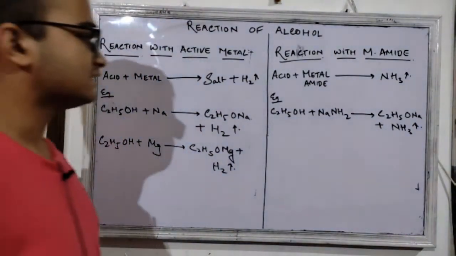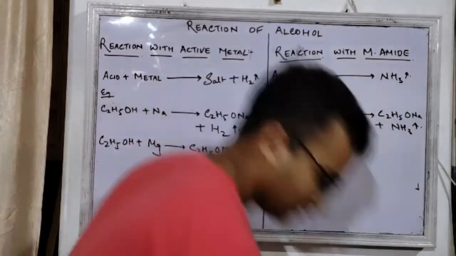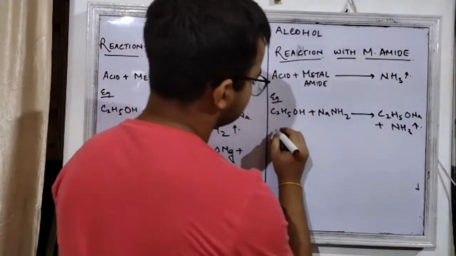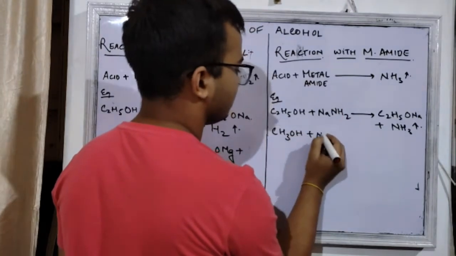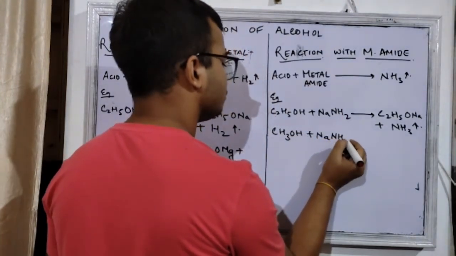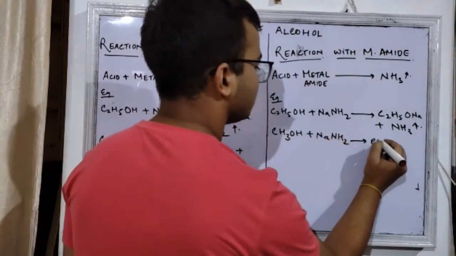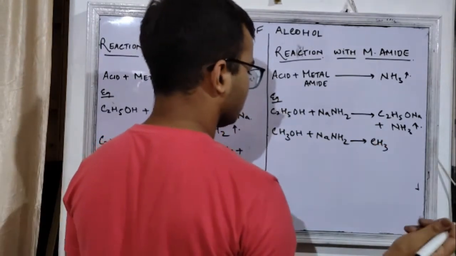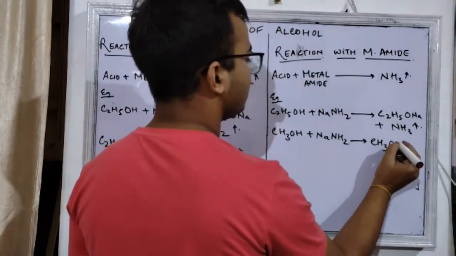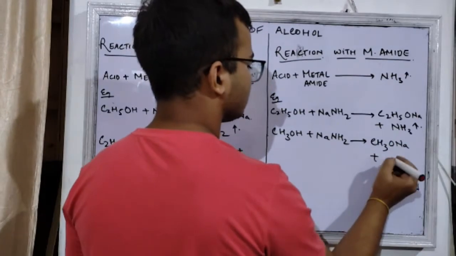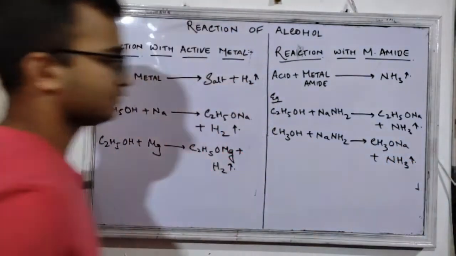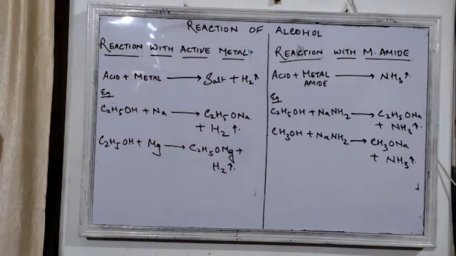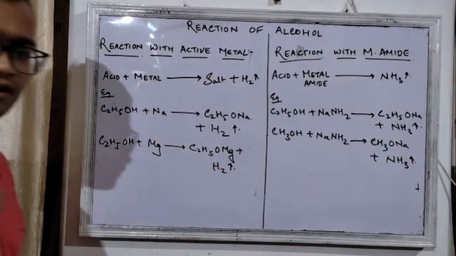Now if you want to change the alcohol to methyl alcohol, like this, CH3OH plus NaNH2, then it will give CH3ONa plus NH3 as gas. Clear? Clear up to this much?